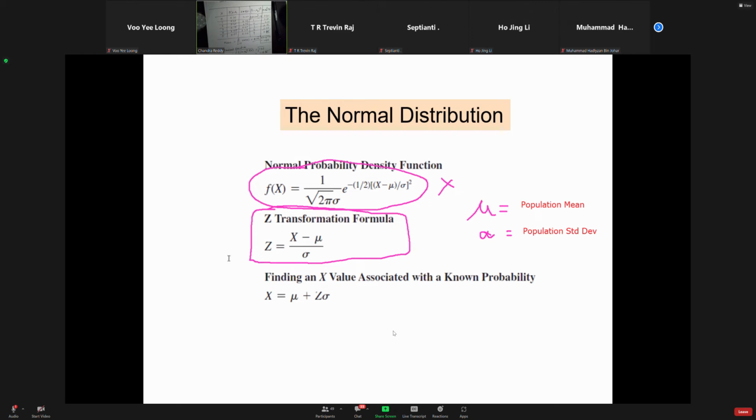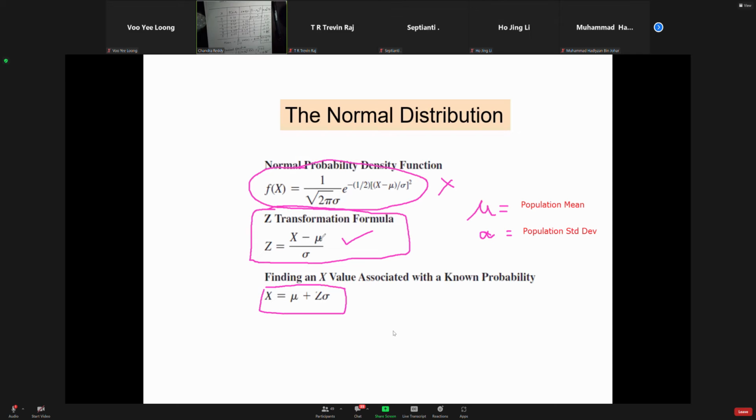This is the formula which we'll be using most of the time. The Z statistic is X minus mu over sigma. From this formula, we can also write X as mu plus Z into sigma.